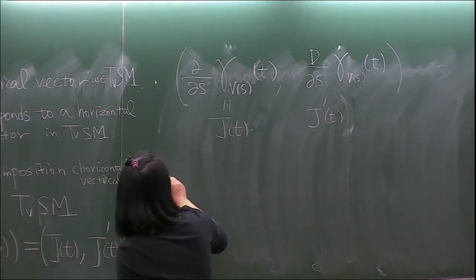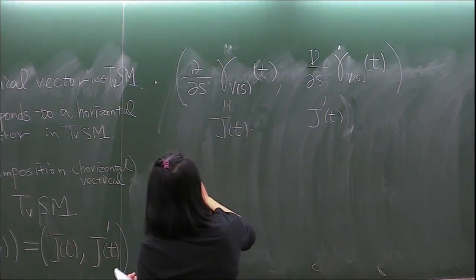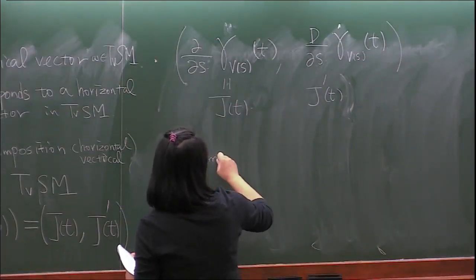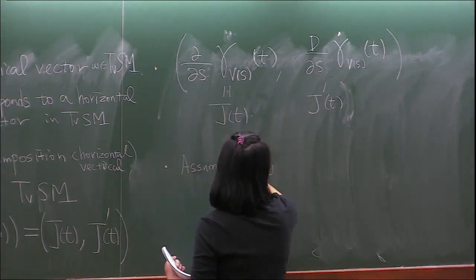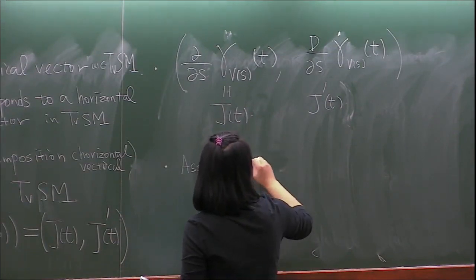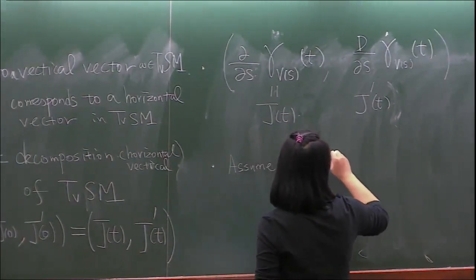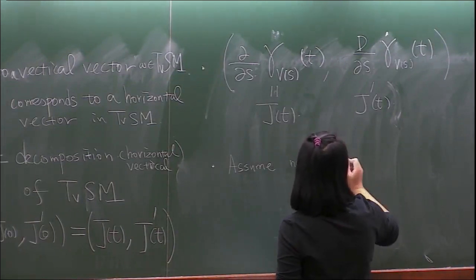And there's another fact, which is that if we assume this manifold M with metric g is negatively curved, the space has negative curvature.